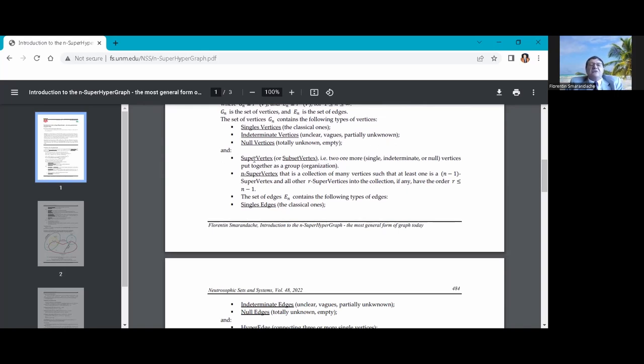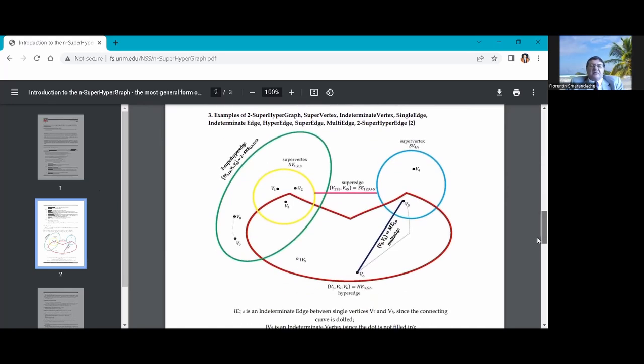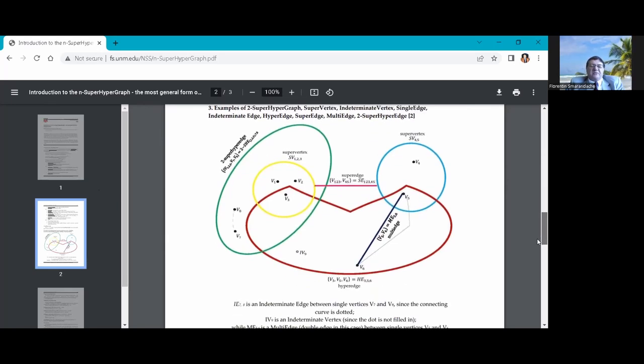And same thing for supervertex. Supervertex is a connection, it's a single, indeterminate or null vertices. And then we have also vertices of vertices, and so on.